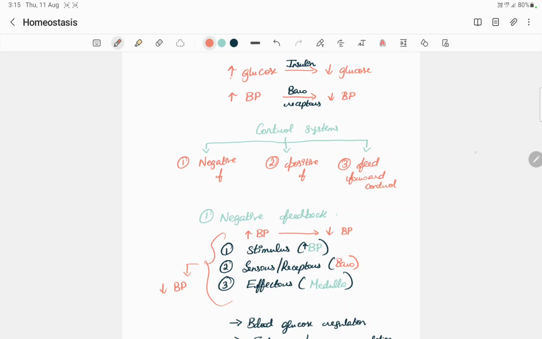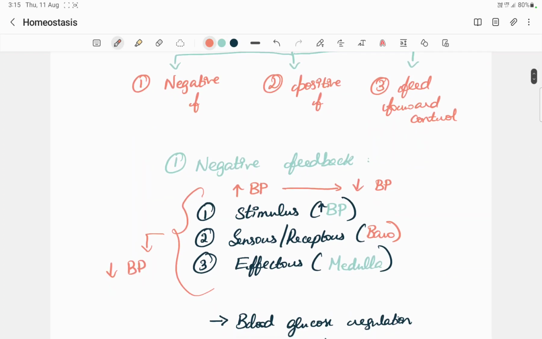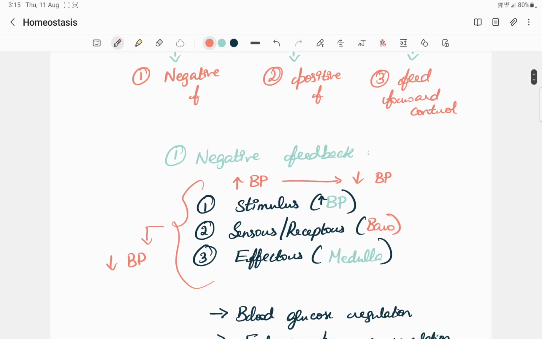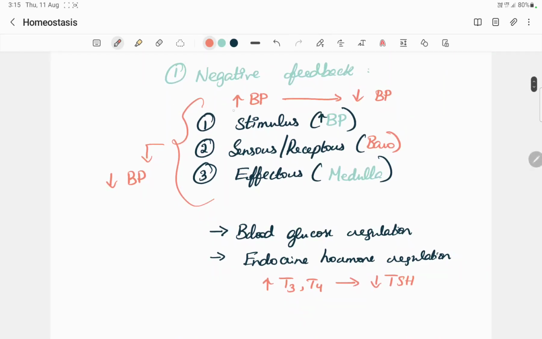So we saw about the control systems, right? In the control systems, we saw negative feedback, positive feedback, and feed forward control. Coming to the negative feedback, we saw an example. There's an increase in blood pressure, which is the stimulus, sensory receptors, baroreceptors, and then there are effectors, which is the medulla of the brain.